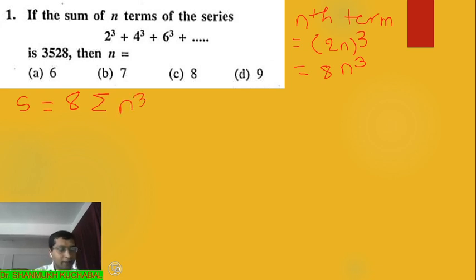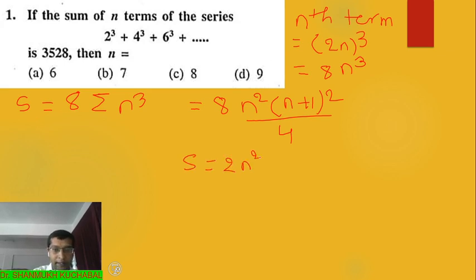Already we have discussed that summation of n cube is given by the formula n square into n plus 1 whole square divided by 4. If we simplify this, we get S equal to 2 n square into n plus 1 whole square.